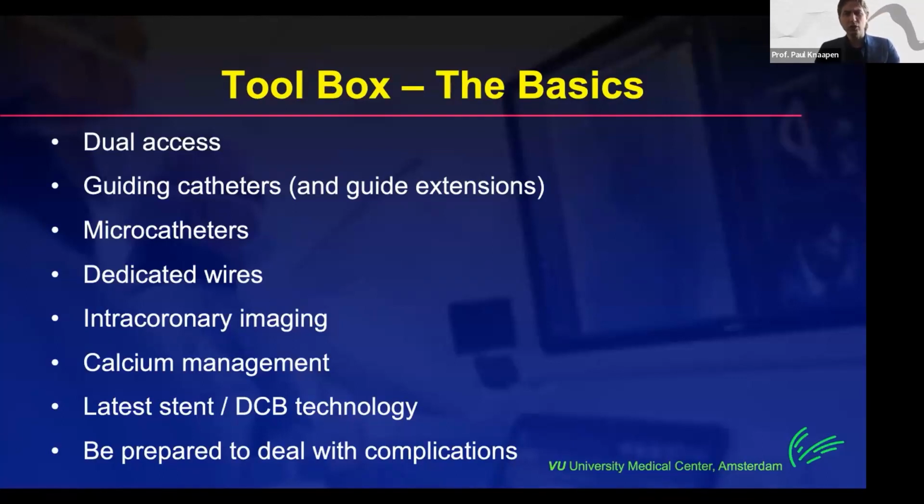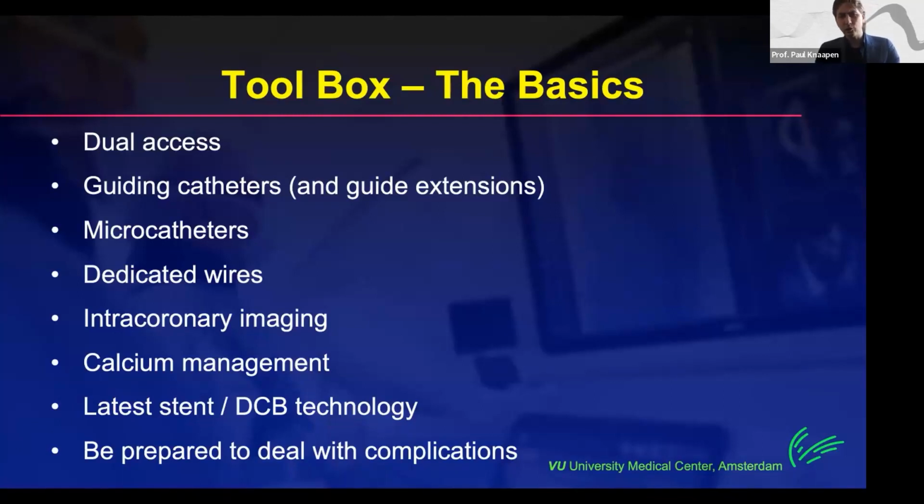Usually larger guiding catheter, 7 or 8 French, as opposed to 5 or 6. And obviously also guide extensions that adhere to the guide catheters that you use. Microcatheters are virtually always used in CTO operating, never without. And obviously we have dedicated wires. Dedicated wires are essential, and this is basically the fundamental of this talk.